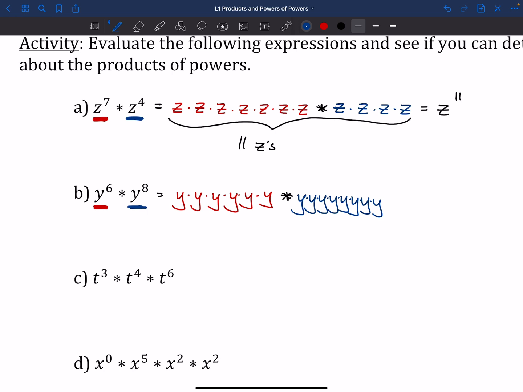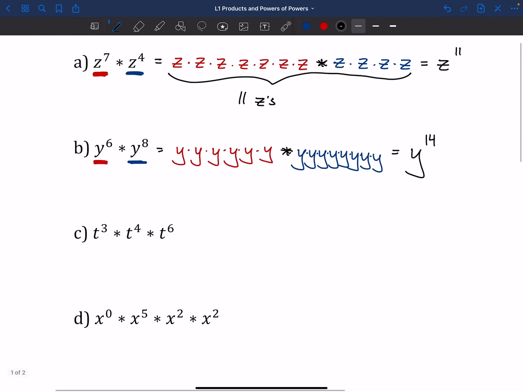So if I think about how many y's I had total, I had 6 plus another 8. That's going to give me 14 y's, which I can write as y to the 14th. So again, that little exponent number is telling me how many of that thing I have that are all multiplying together. So it seems like we might be able to have a little bit of a shortcut here.